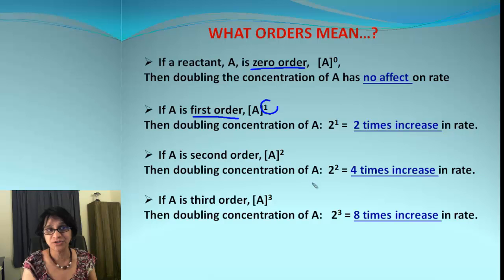If the order is 2, it is 2 squared, which is 4 times. And if the order is 3, it is 2 to the power 3, which is 8 times. So you got it. Suppose the order with respect to A is 5, it will be 2 to the power 5. Or if the order is n, it will be 2 to the power n times increase for the rate.